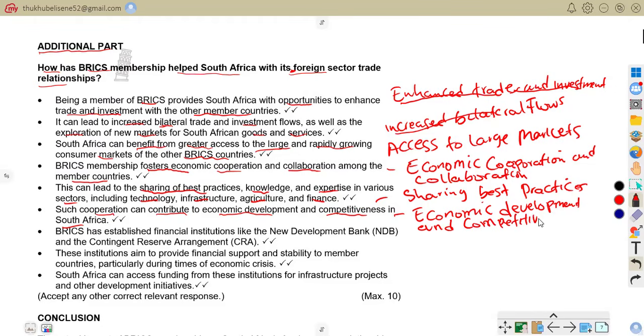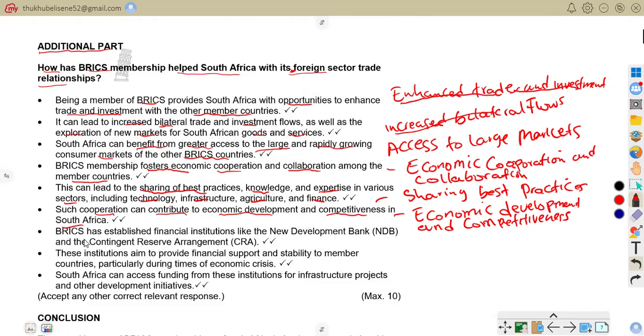What we are trying to say is that BRICS membership contributes to South Africa's economic development, improving infrastructure, skill development, and regional integration. That is that.